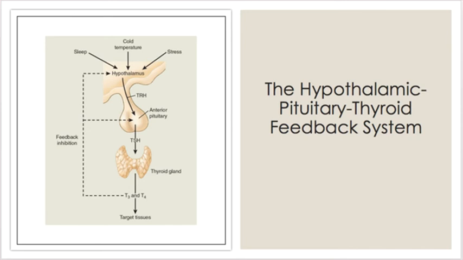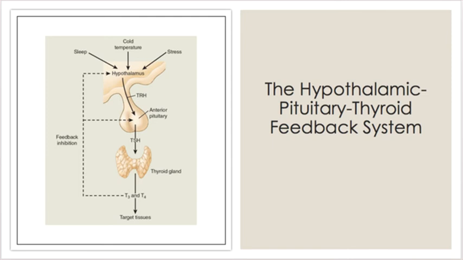And the hypothalamus reacts by releasing TRH. The TRH then stimulates the anterior pituitary to release thyroid stimulating hormone, or TSH. Right? What do you think TSH is going to do? It is going to bind to the TSH receptors in the thyroid gland and it is going to stimulate the thyroid, right?